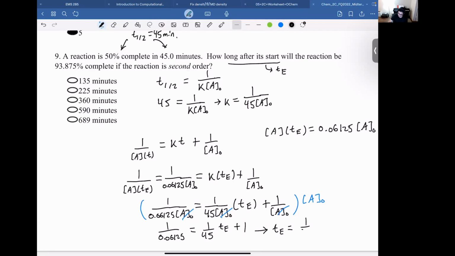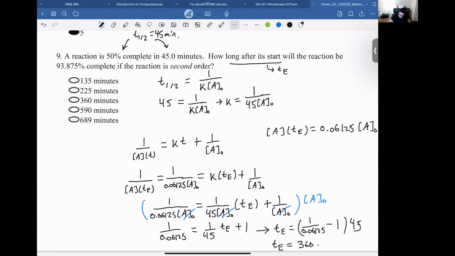So I get 1 over 0.06125 minus 1. And then I multiply by 45 to isolate the TE. You plug this into your calculator, and then you get, I forget, 360 minutes. And then that is your answer.